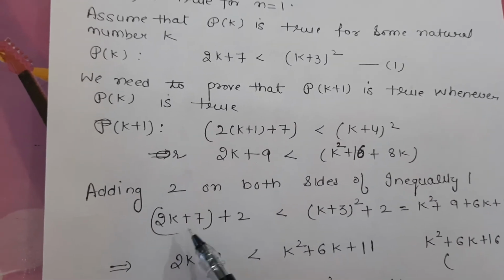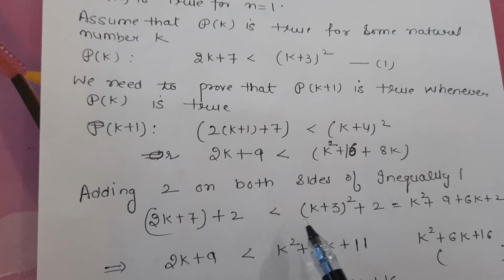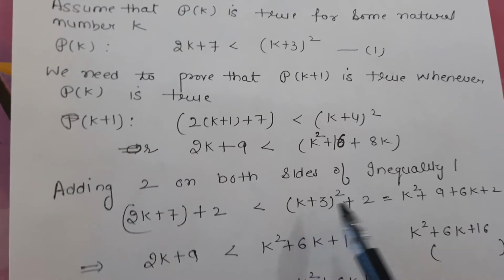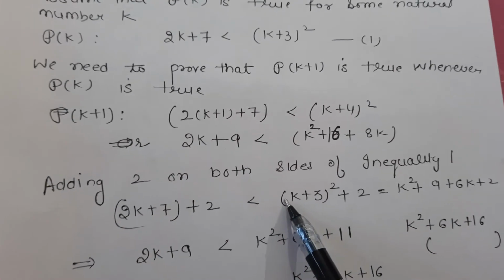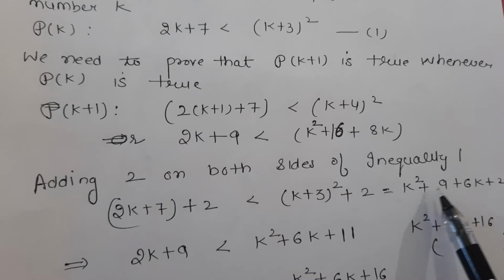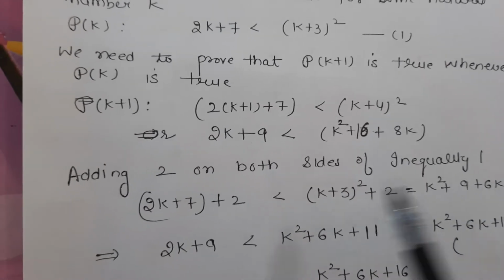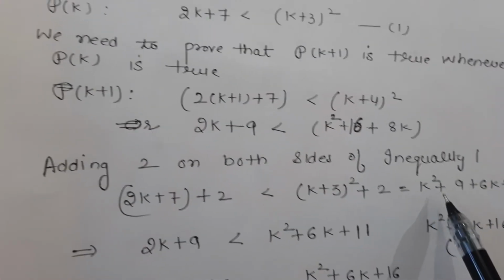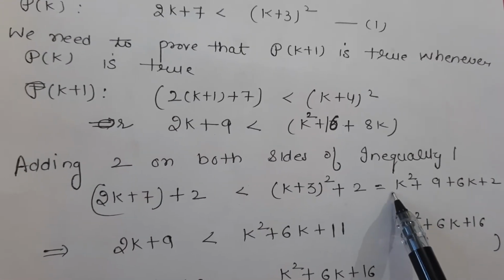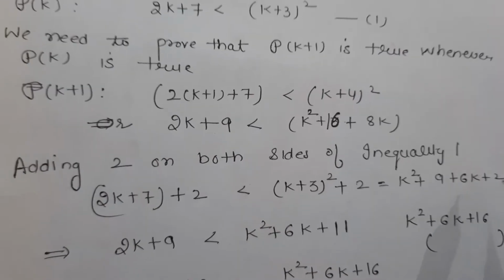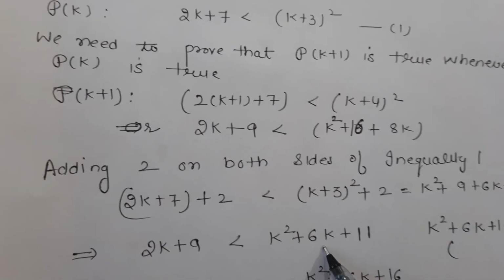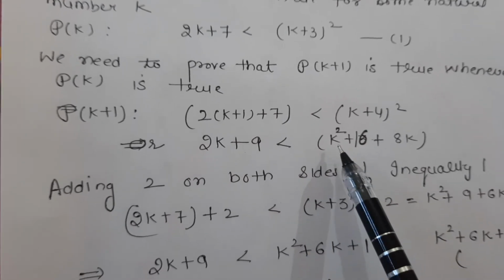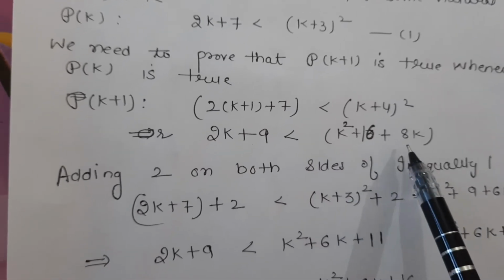So we'll have 2k + 7 + 2 < (k + 3)² + 2. First you simplify this. You'll have k² + 9 + 6k + 2. That means you'll have 2k + 9 < k² + 6k + 11. Now you have to prove this is less than k² + 16 + 8k.